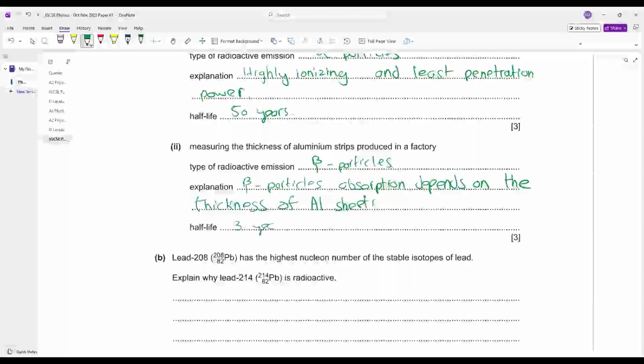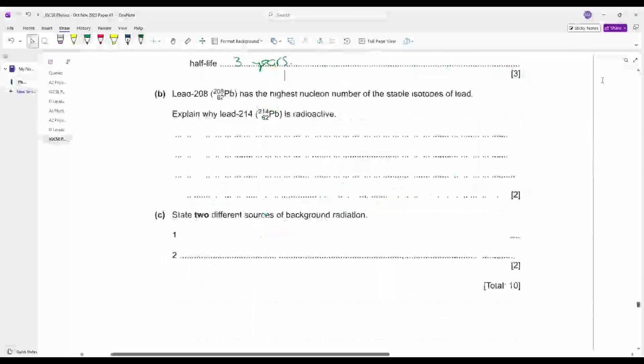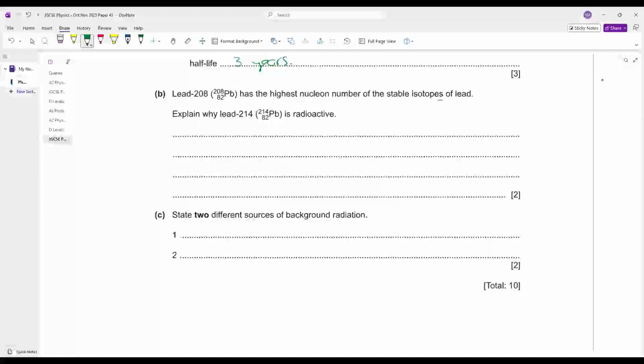Okay, perfect. Lead 208 has the highest nucleon number of the stable isotopes of lead. Explain why lead 214 is radioactive. Why is lead 214 radioactive?